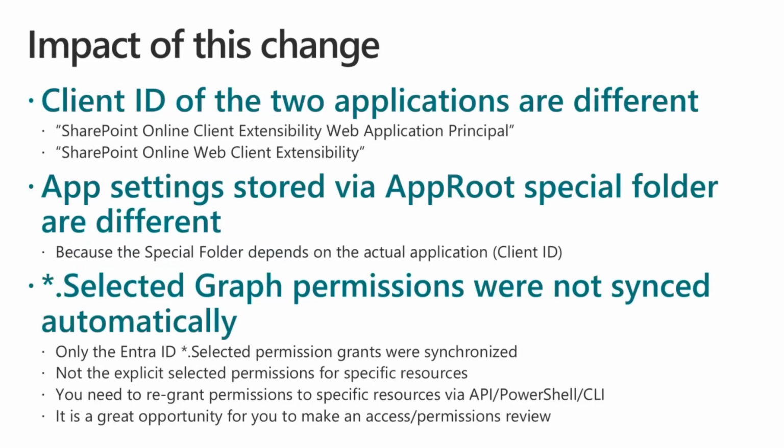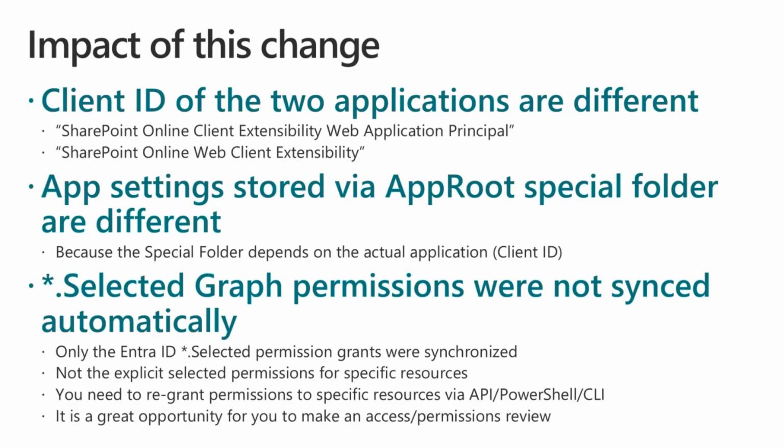But what is the impact of these changes? Well, the old application, the one with the long name, SharePoint Online Client Extensibility Web Application Principal, had its own client ID. The new one, the SharePoint Online Web Client Extensibility, does have a new client ID.